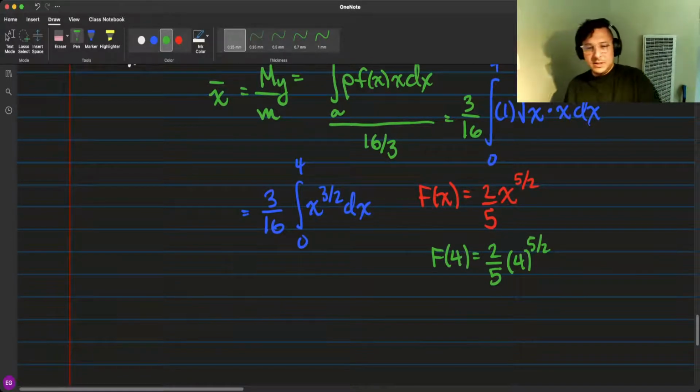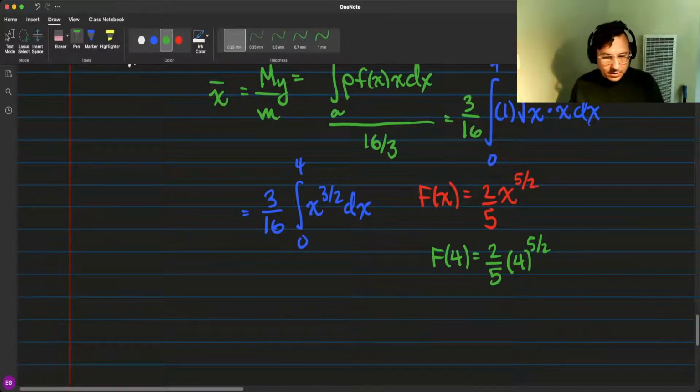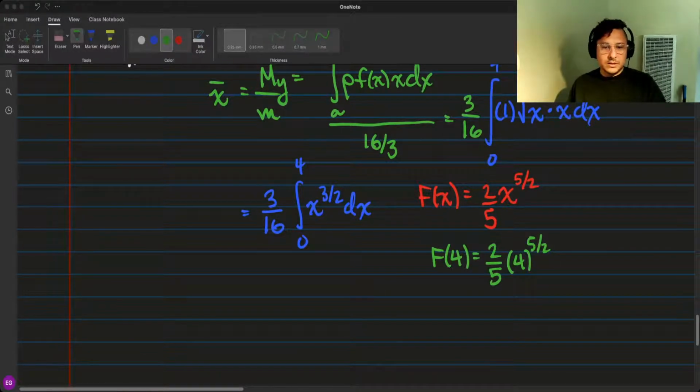So what is 4 to the 5th? I'm opening up a calculator. 4 to the 5th is 1024. And then what's the square root of 1024? 32.